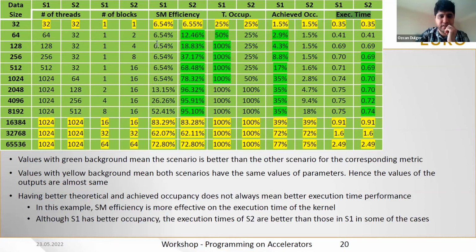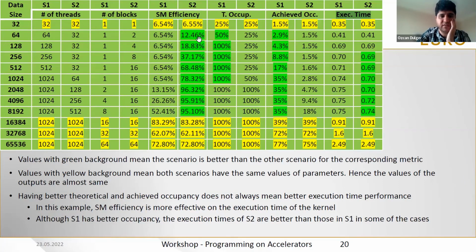The values with a yellow background mean both scenarios have the same parameter values, so the outputs of the metrics are almost the same because the values of all of the parameters are the same.